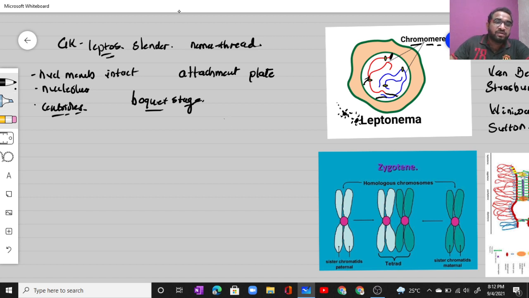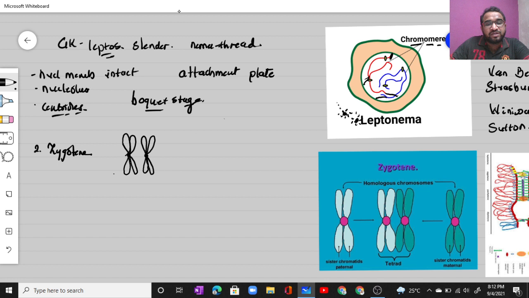Okay, now let us see the next stage, that is the zygotene stage. What happens in the zygotene stage is that once the leptotene gets over, these chromatin threads condense and get into their structure, which we will now call chromosomes, and the chromosomes will pair with their partners.